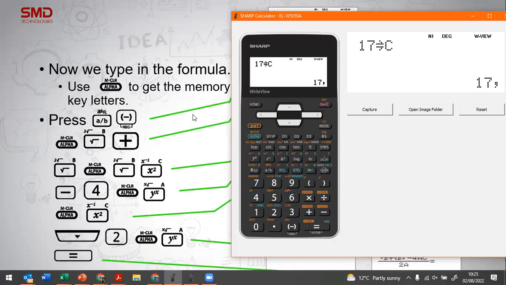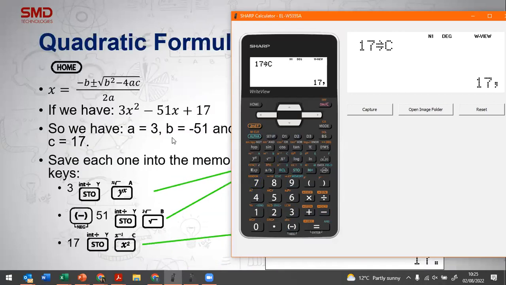Now, once that's done, it's pretty straightforward in terms of writing in the formula like it looks like. Okay, so what we would do is we've got negative, and then to make it B, we say alpha B. Plus or minus. Now, obviously, we can't do plus or minus in the calculator. That would be confusing. So we're just going to use plus for now. Square root. And then we've got B squared.